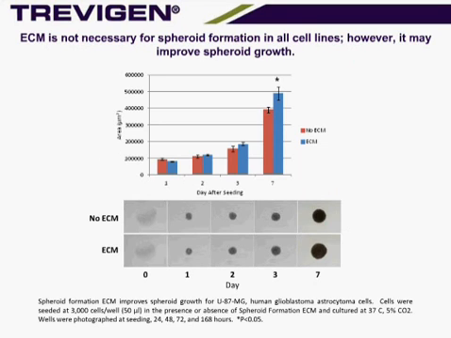However, what we've found is that the addition of the ECM actually appears to accelerate spheroid growth. And so it's providing support for these cells to help accelerate the spheroid formation process, which could be advantageous for these models.